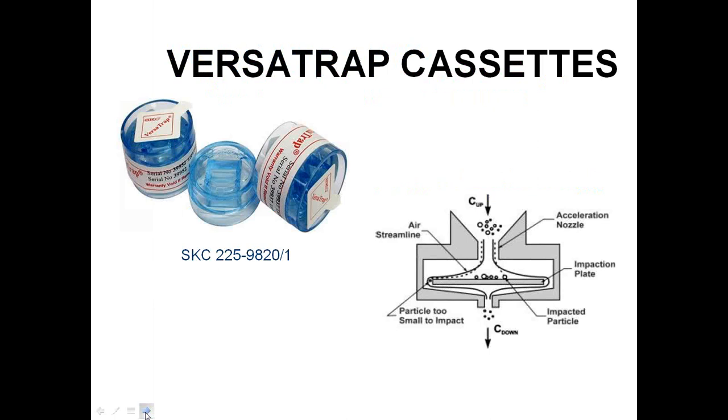Here you can see the SKC spore trap cassettes called VersaTrap and a diagram of the airflow. SKC VersaTrap cassettes are versatile samplers that allow for flow rates up to 30 liters per minute. This enhances the collection of smaller mold spores compared to other brands of spore traps.